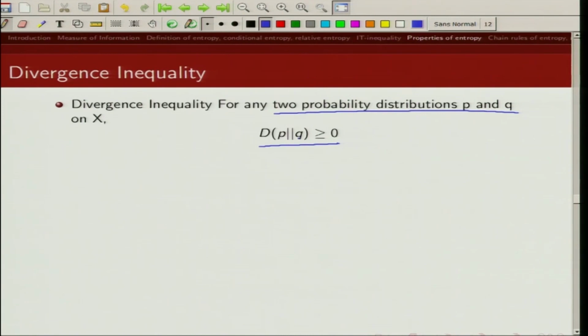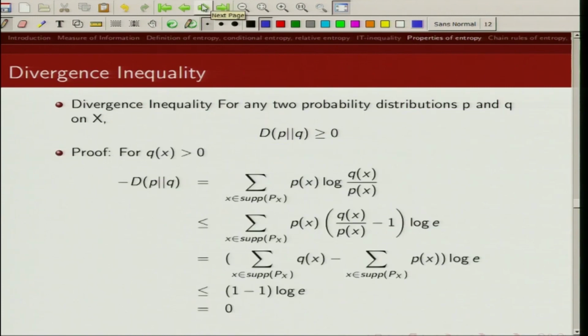If p is substantially different from q, divergence will be large. So for q of x greater than 0, let us compute minus of divergence of p and q. I will have to show that this quantity is less than or equal to 0.